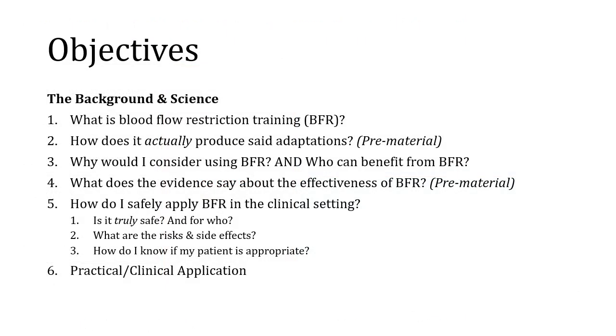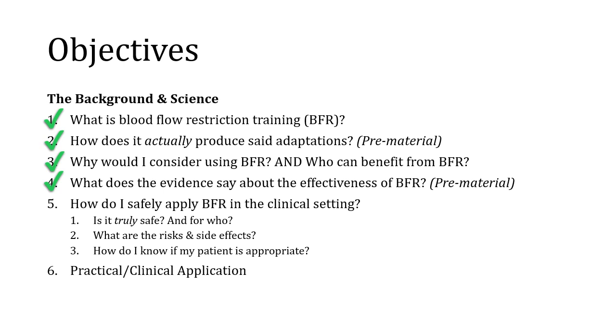And then looking back at the objectives that we had set out for part 2 and then bleeding over here into part 3. What is blood flow restriction training? How does it actually produce the said adaptations? So going deep into the mechanisms on a cellular and even a genetic level. Why would I consider using BFR and who could benefit?